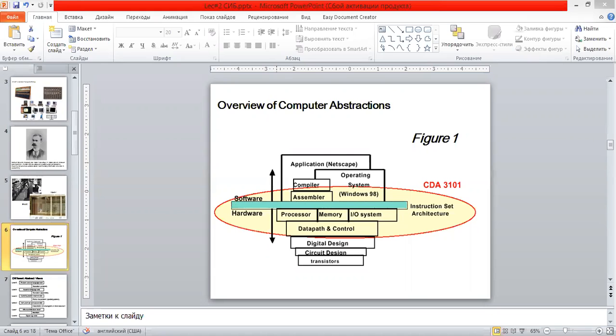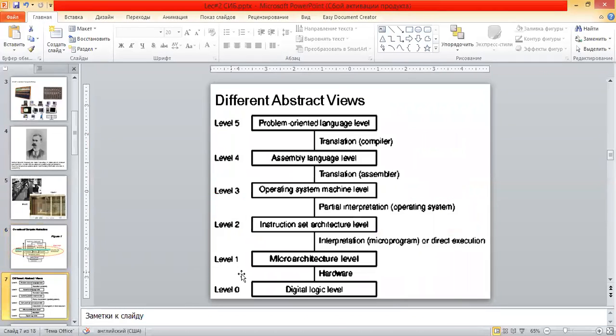Computer system abstractions span many levels of detail, which in computer science we call levels of abstraction. And there are different types of abstract views.